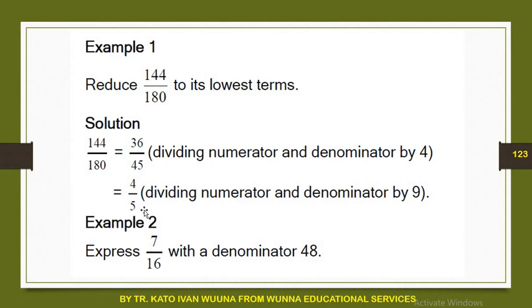And therefore 144 over 180 is equivalent to 4 over 5. Meaning the value of the two fractions must be equal. If you have a calculator, you can try it out.